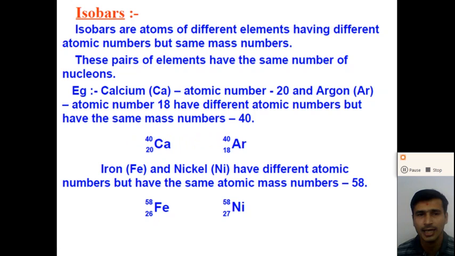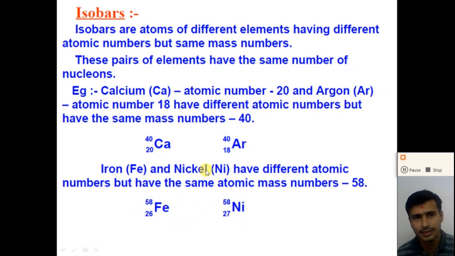So these are called isobars, right? Similarly, iron Fe and nickel, right? The atomic number of Fe is 26 and the atomic number of nickel is 27. So here the atomic numbers are different but the mass numbers are the same. So these two elements are called isobars, right?